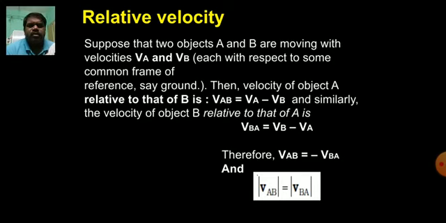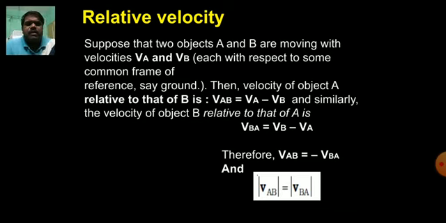So dear students, suppose two objects A and B are moving with velocities VA and VB, each with respect to some common frame of reference, say the ground. Then the velocity of A relative to the velocity of B will be VAB is equal to VA minus VB. Similarly, the velocity of object B with respect to object A can be represented as VBA.